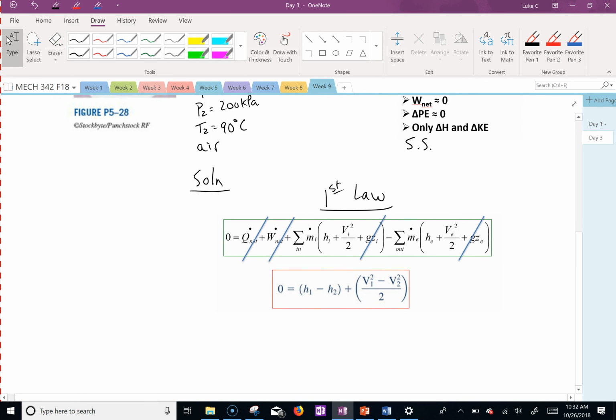All right, we got the first law. We did our assumptions. And what can we switch delta H to? CP times T1 minus T2.